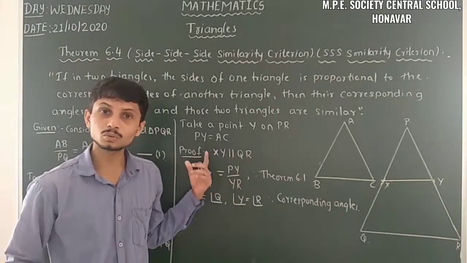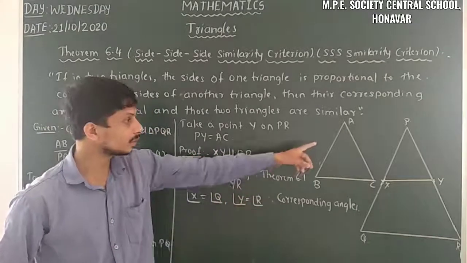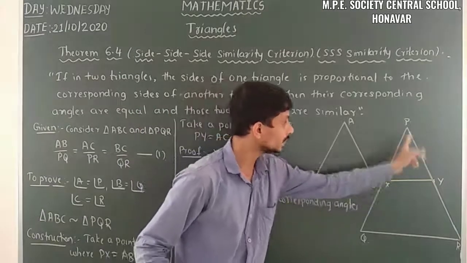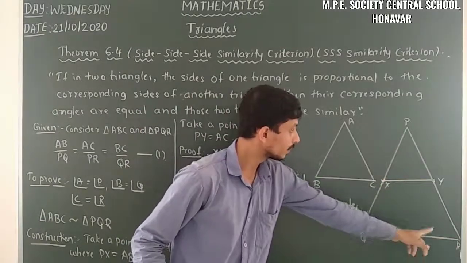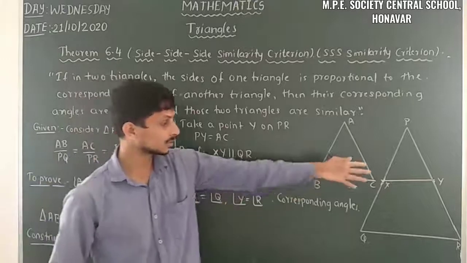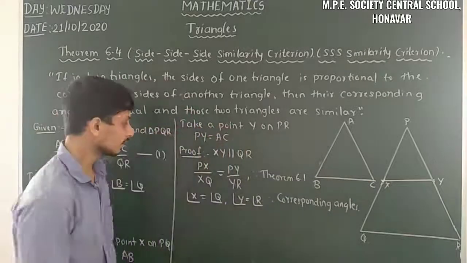Those two are proportional, which means when we consider triangle PXY and triangle PQR, we can take XY by QR also.